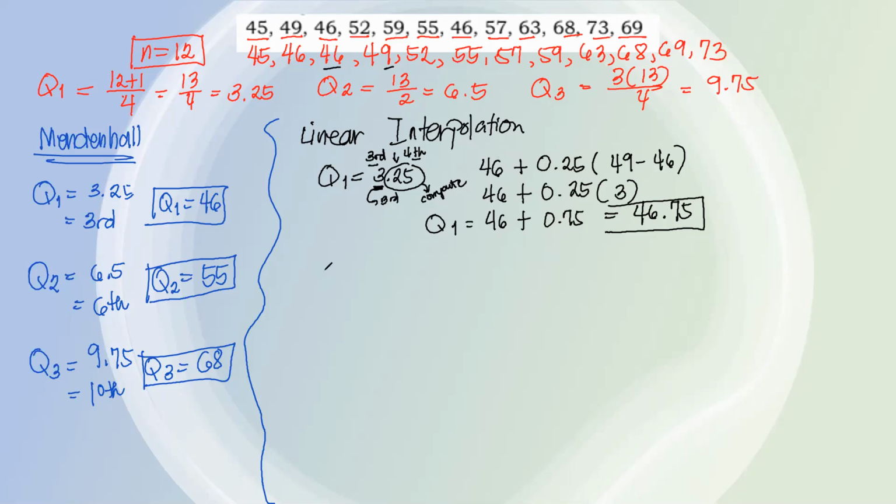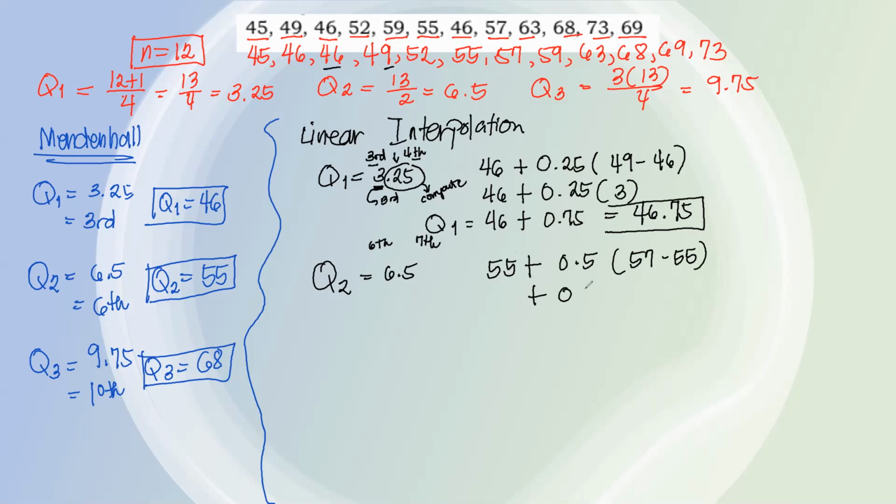Next, how about for the second quartile? That is 6.5. So, nasa 6, pagitan ng 6 at 7 siya. Okay, so alin ba dyan yung pang 6 data natin? 4, 5, 6. Ito, 55. Plus 0.5 of their difference, 57 minus 55.